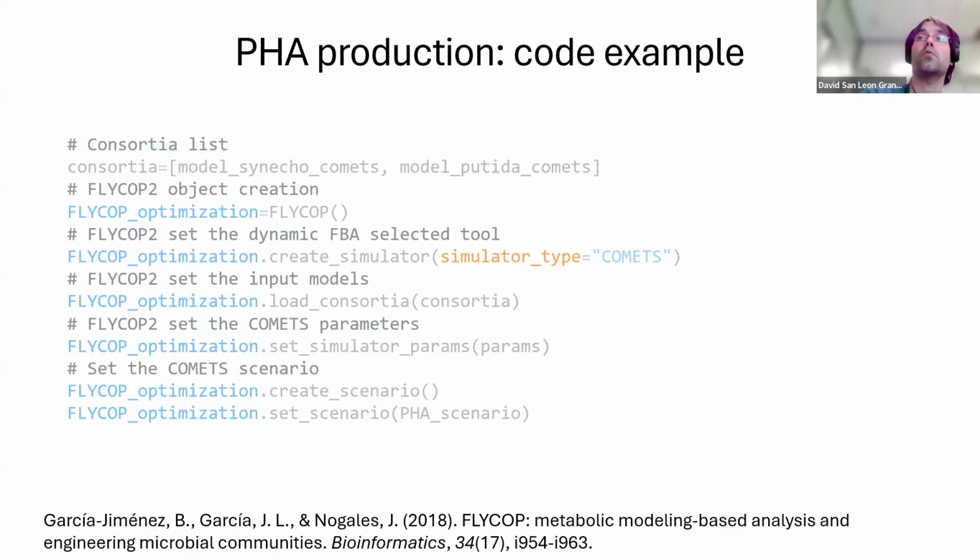In our case, for example, it was the initial biomass of Synechococcus, the initial biomass of Putida, and so on. And you create the scenario. This is the longest part, the PSA scenario, depending on your simulator. If it's COMETS, you should fill in one function with the simulation based on COMETS' framework programming code.